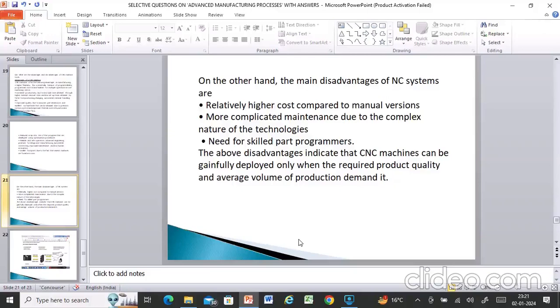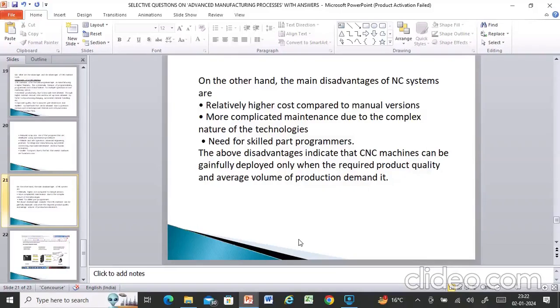The above disadvantages indicate that the CNC machine can be gainfully employed only when the required product quality and average volume of production are demanding. So no one should jump to a conclusion of going into a CNC machine without judging that you really want the product quality that is assured by the CNC machine, or you need the volume of production.